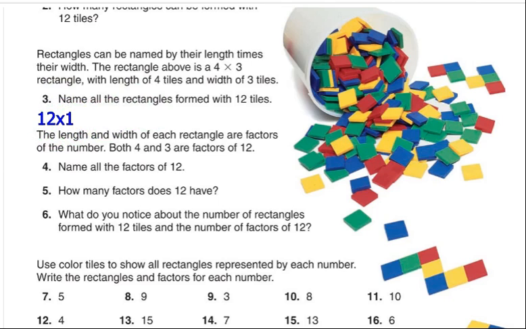Then the other one will be 3 times 4, which is formed up there. 3 times 4 rectangle and 6 times 2 rectangle. Okay? So how many ways can we name the rectangle? We can name it and we can form it in 3 ways. The first way 12 times 1, then 3 times 4 and 6 times 2.